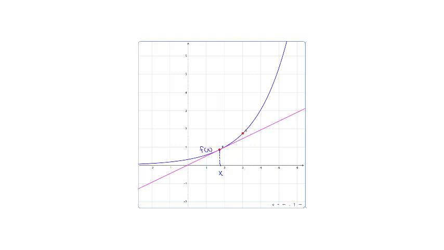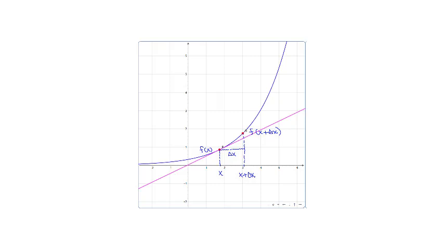So if I take x and plug it into this function, I would get the height of the curve at that particular point. Now, if I move a distance in the x direction and call this distance delta x, then the x coordinate of Q is x plus delta x, which means the y coordinate of Q is f of x plus delta x.